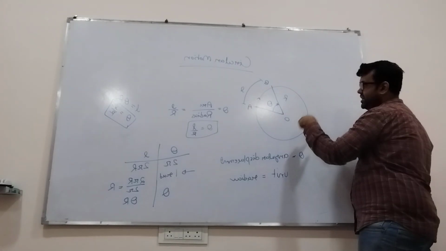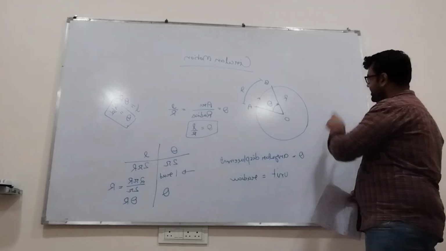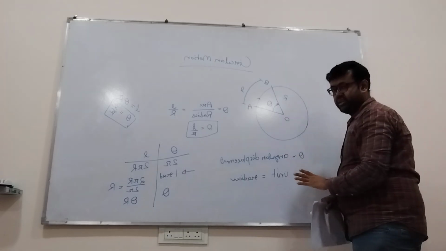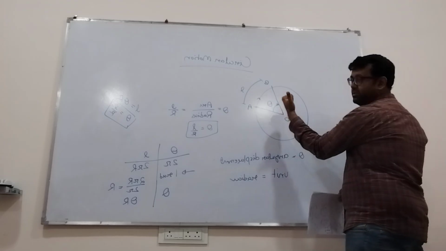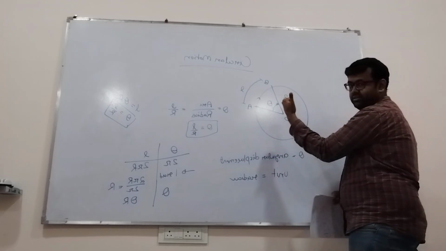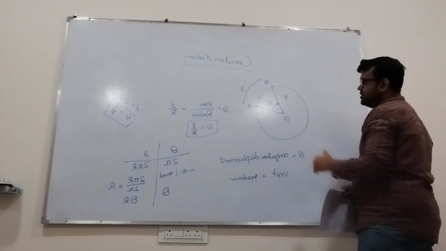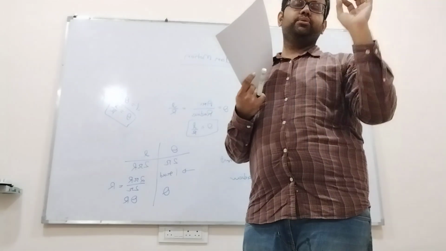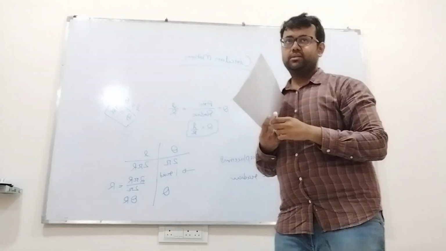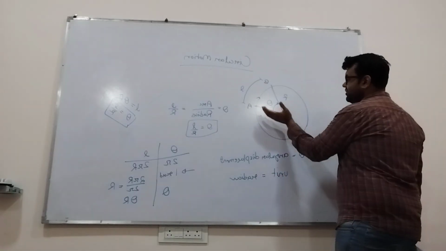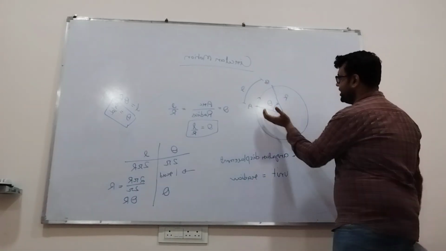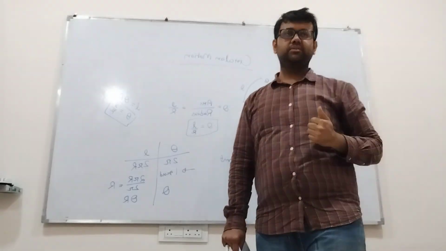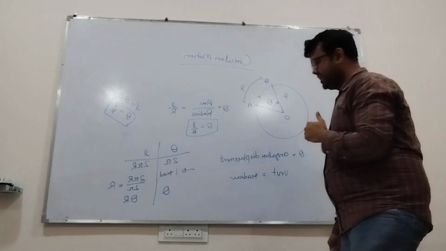Okay, if the object is moving in an xy plane, with x and y axes, then the direction of theta will be nothing but the outward direction. So to find out the direction of theta, we will use the right hand rule. We have to move our arm in the direction of the motion, and the direction of the thumb will give you the direction of the angular displacement.